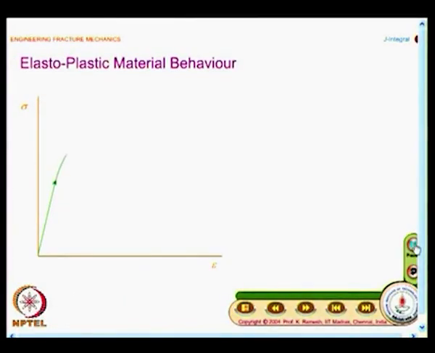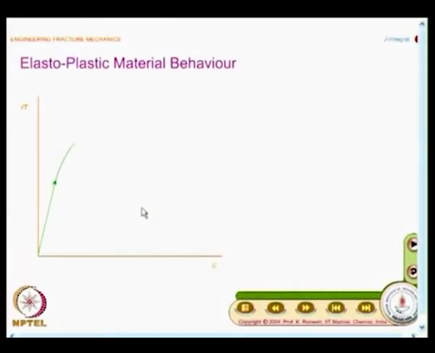See, now the question I had raised: from linear elasticity we can go to non-linear elasticity and J is useful, but J is also used for elastoplastic analysis, at least approximately. So, we will have to understand what is the difference between non-linear elasticity and elastoplastic behavior.